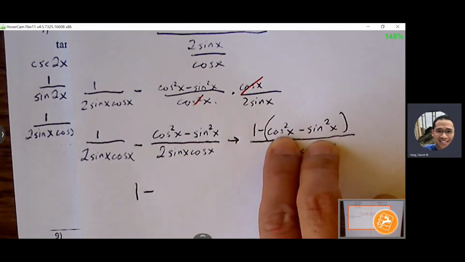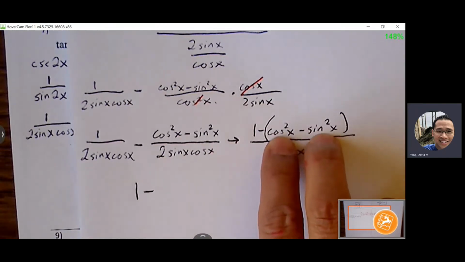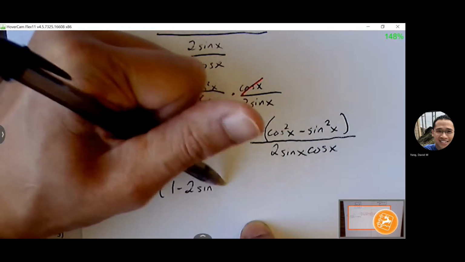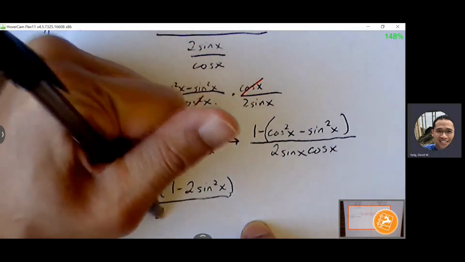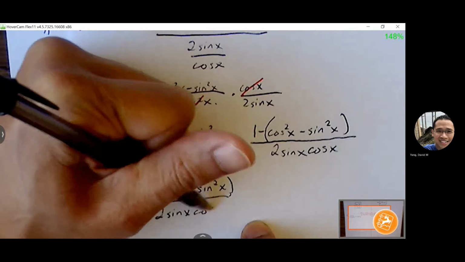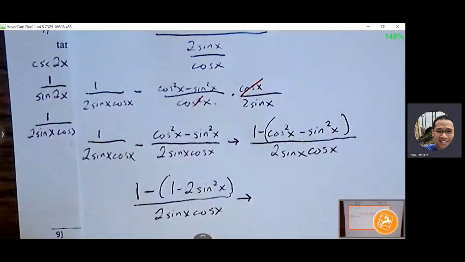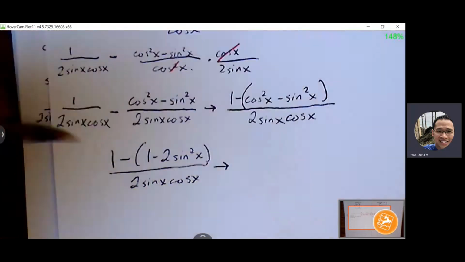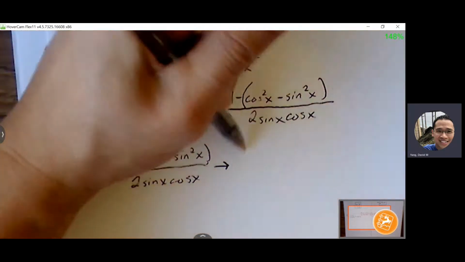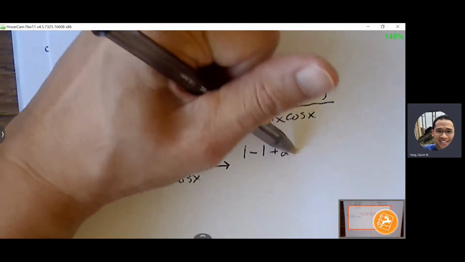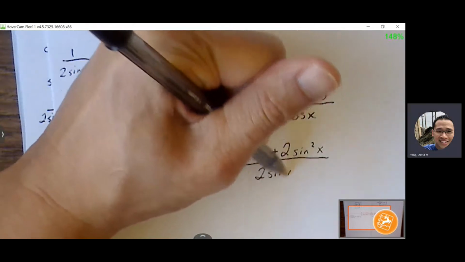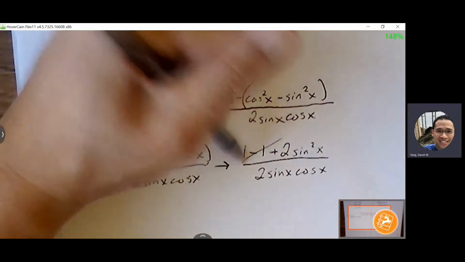So this is basically cosine 2x, but there's another version of cosine 2x, right? Which is 1 minus 2 sine squared. So yeah, this is probably more difficult than what you can expect on the test, but it's a good one to go through. Distribute this through here, we get 1 minus 1 plus 2 sine squared x. The ones go away.